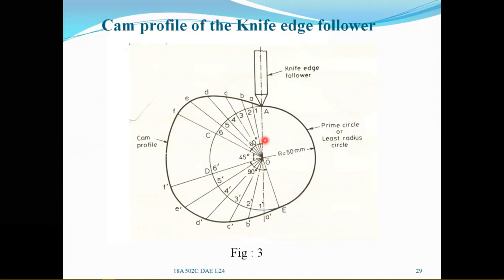Next, divide this AC into the same number of equal parts as done in the displacement diagram. And similarly, divide D to E also into the same number of divisions as done in the displacement diagram. That is, here also 0 or A, 1, 2, 3, 4, 5, 6.